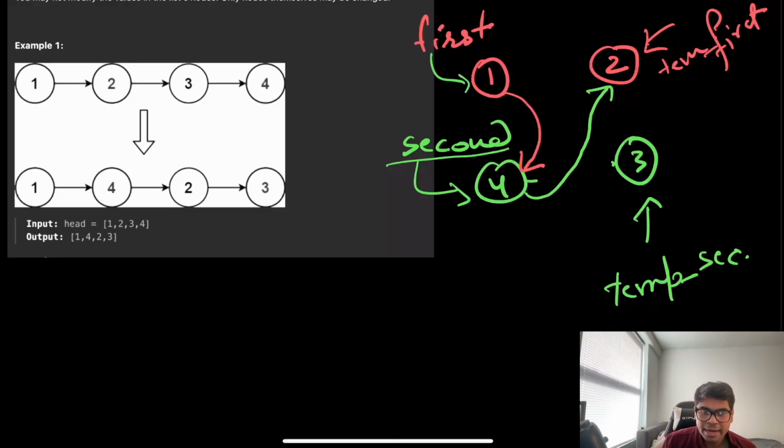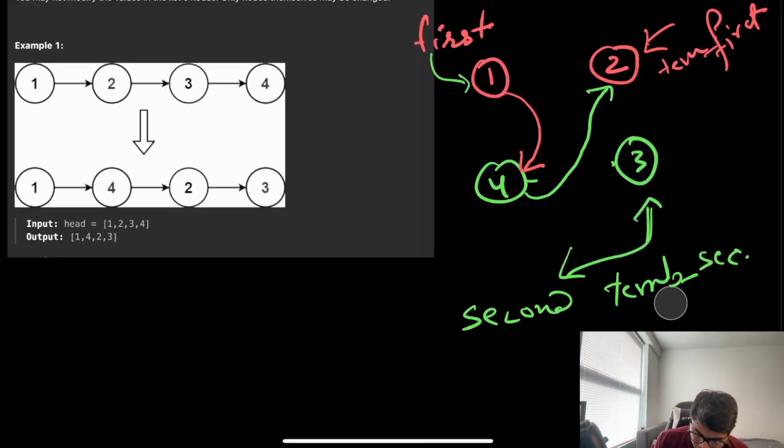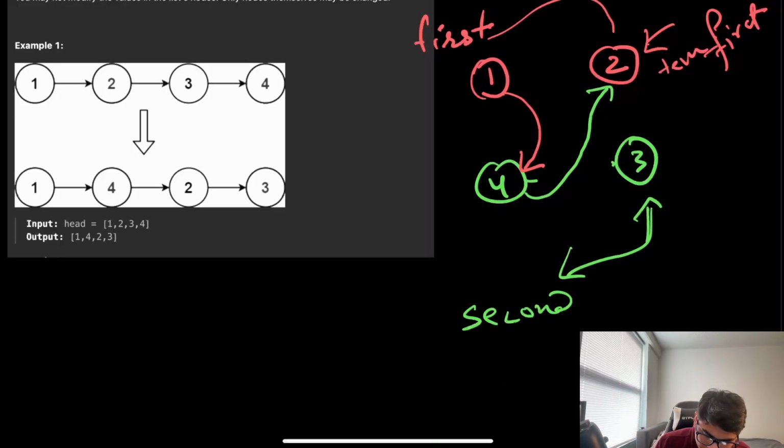Then I take away my second from here, and point my second to this temp second, because I don't want to lose this pointer. So second will point over here, and this will go away. Then I want to move my first to temp first. So first, instead of pointing over here, will now point to here, and this will go away because its use is done.